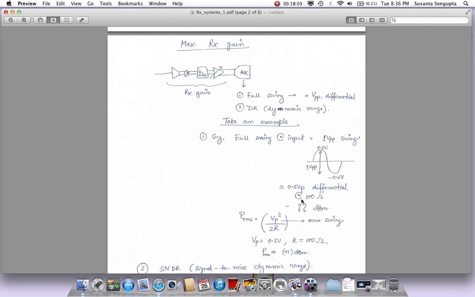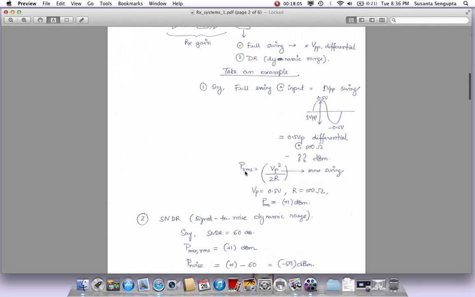If you do that, the RMS power is V RMS squared by R, right? But you can represent the RMS as the peak value, V peak by root 2; the square root of 2 will give you the RMS value. So I really want an RMS voltage squared by R, which I can represent as V peak squared by 2R. Where does this 2 come from?